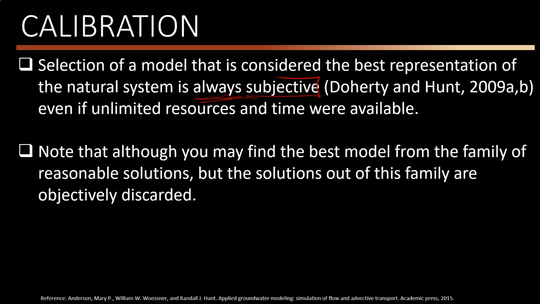What they want to say is that finding the best representation, or the best solution, depends on so many different things, like the objectives of the modeling, the modeler itself, or at some points maybe the client or decision makers that you are working with. It may depend on the amount of time that you have for modeling, or the amount of funds that you have to do this.